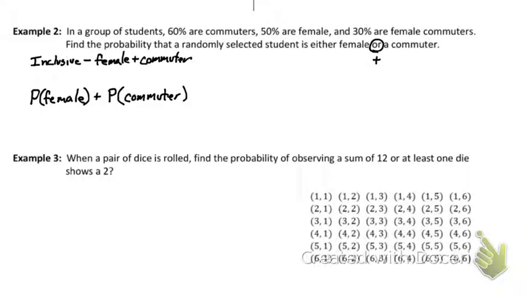Now, we counted too many. We counted too many because one of these females might also be a commuter. We need to get rid of that overlap. So in this case, we're going to subtract away the probability that it's a female commuter.